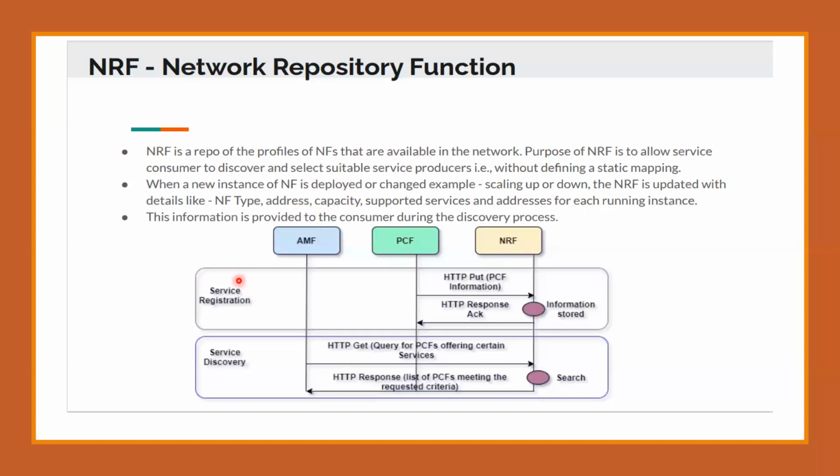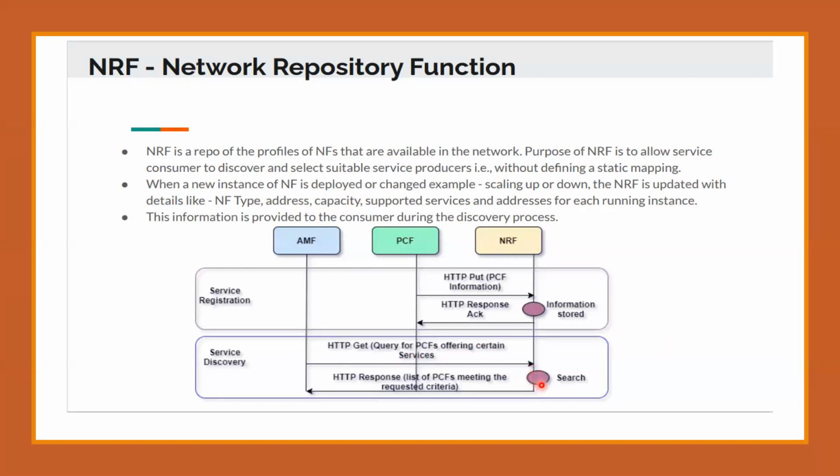So for registration, for example, a new PCF comes into the network, so that PCF is going to provide all its information to NRF. The NRF is going to store the information related to the PCF and then send an acknowledgement. Now, if an AMF needs to utilize the services of a PCF, it is going to send a request to your NRF, and it is going to specify which certain services are required.